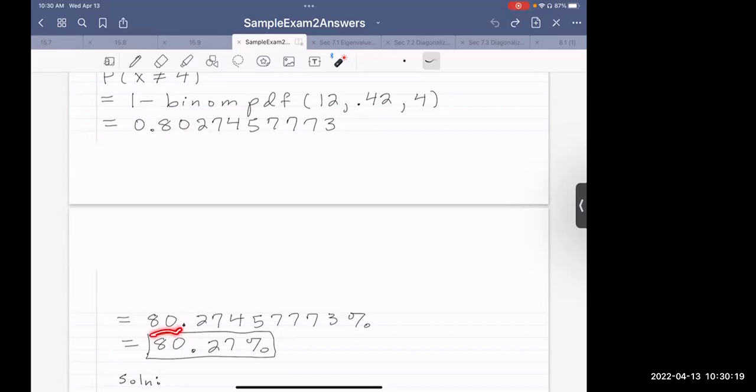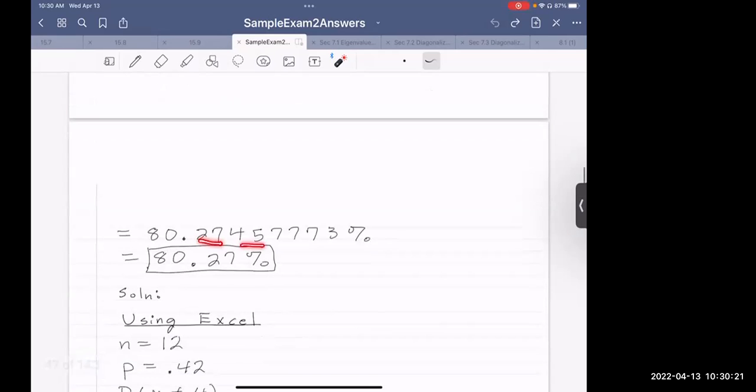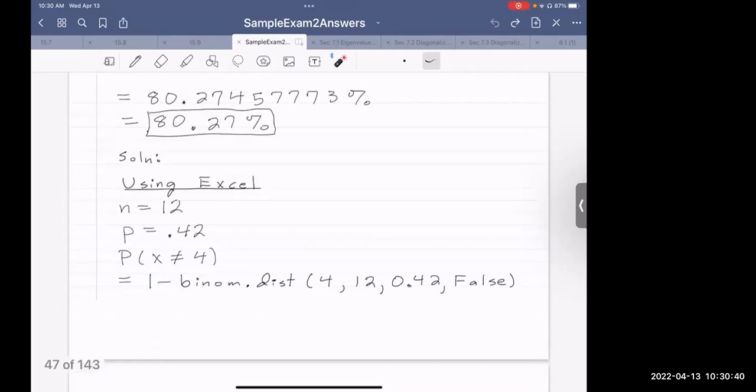So 80.27457773%. Let's round to the nearest hundredth of a percent. And so 80.27%.